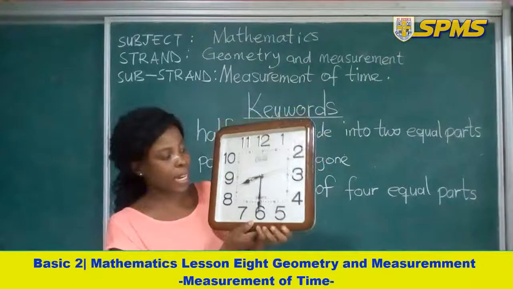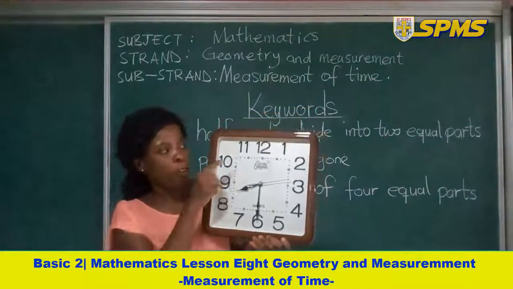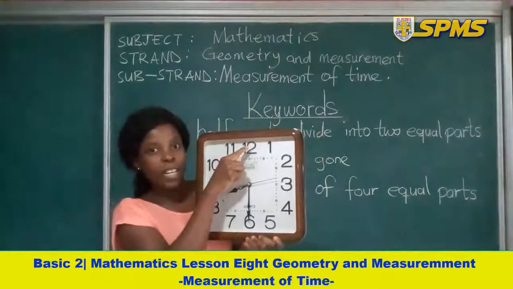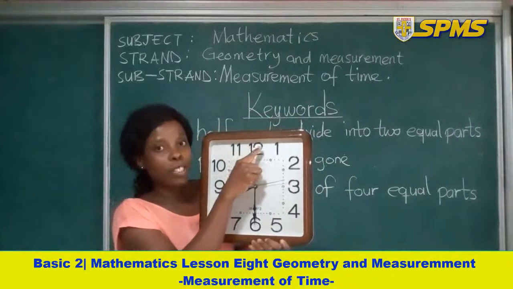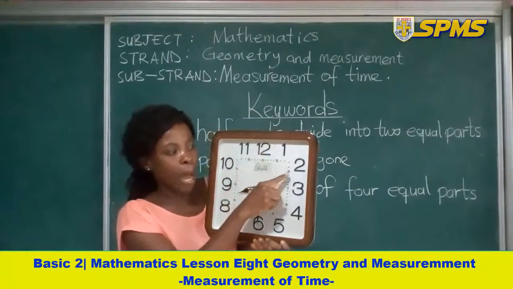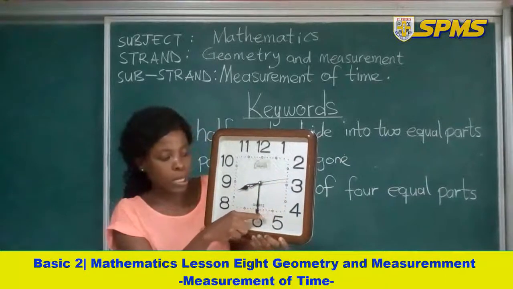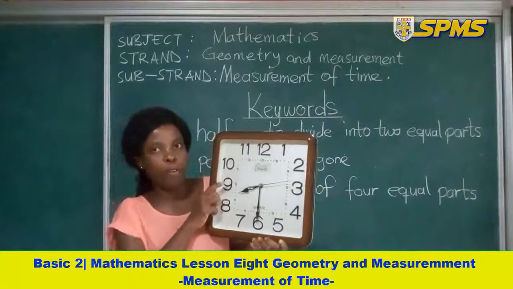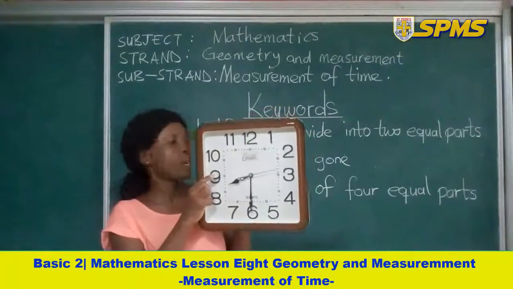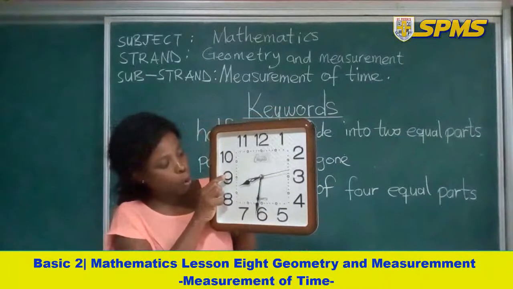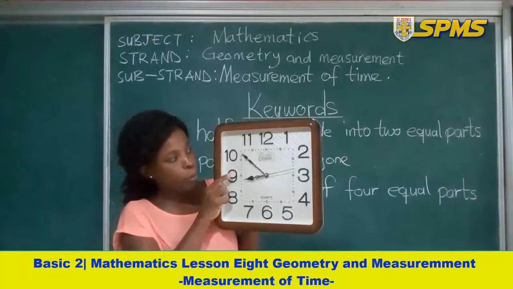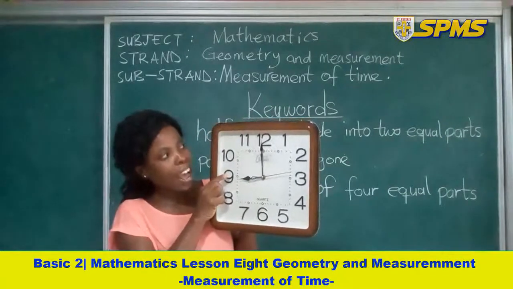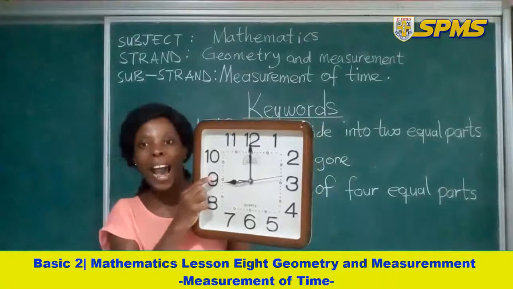That means the minute hand started moving from 12 in a clockwise direction. So now it's on 6. It's going to go round and come back to 12. When it goes round and comes back to 12, we said an hour has gone by.